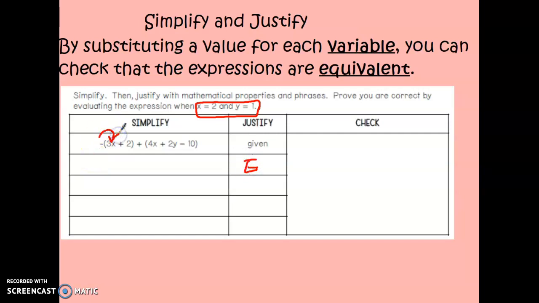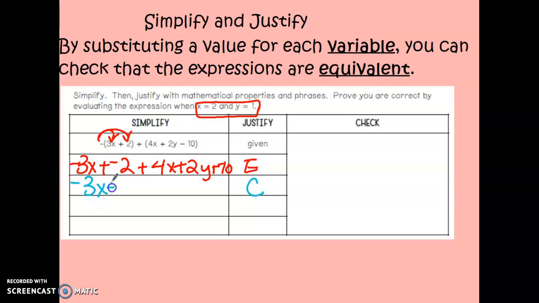So negative 1 times 3x is negative 3x, and negative 1 times 2 is negative 2. Then I just bring the rest of my expression down. I've always told you guys to go ahead and change to adding the opposite anytime you have subtraction. Our next step is again to commute by putting our like terms together.